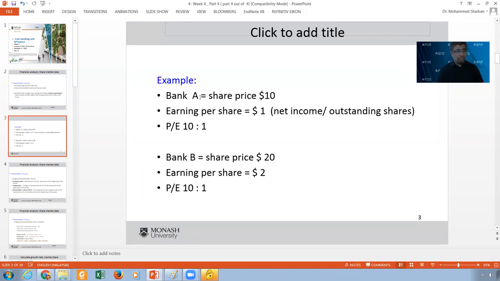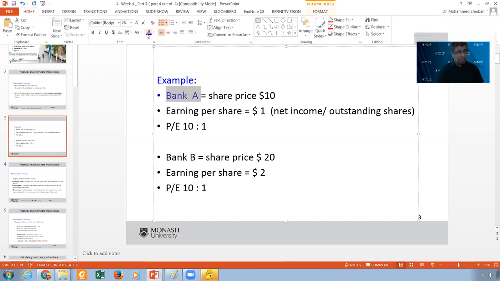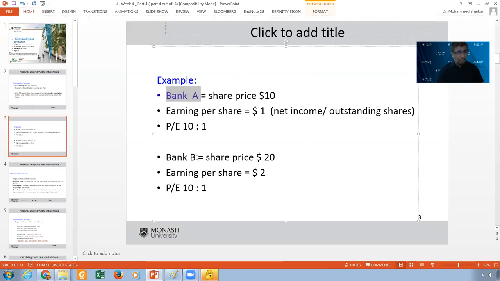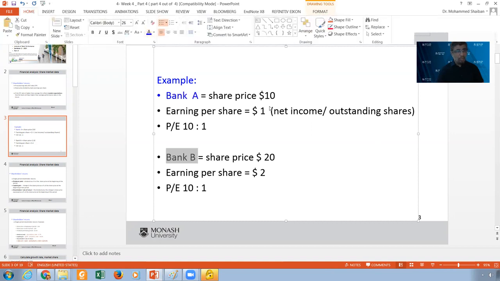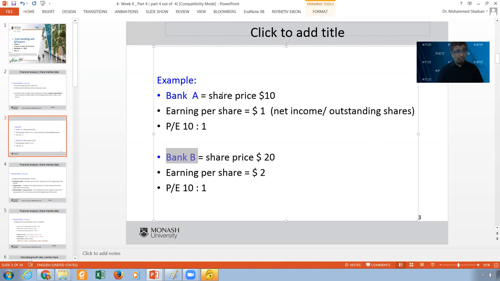Assuming that you have two banks, Bank A and Bank B. As of now, the share price for Bank A is 10, and the earning per share is 1. So I understand the PE is 10 to 1. Now, earning per share, as I told you, is the net income over the outstanding shares.